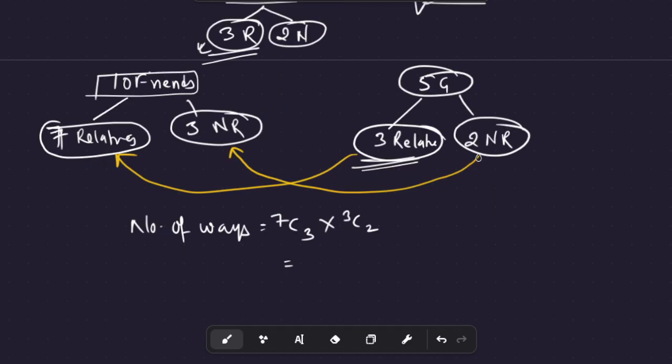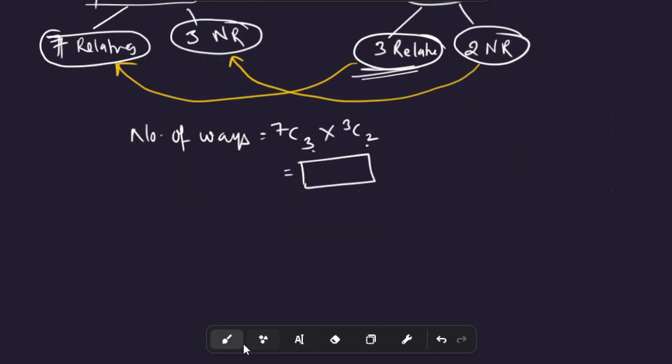This is our answer. 3 relatives should be selected out of 7, and 2 non-relatives should be selected out of 3. If we add these two values, then only we'll get 5. So that is why this will be the total number of ways. Okay, let's get the final answer then.